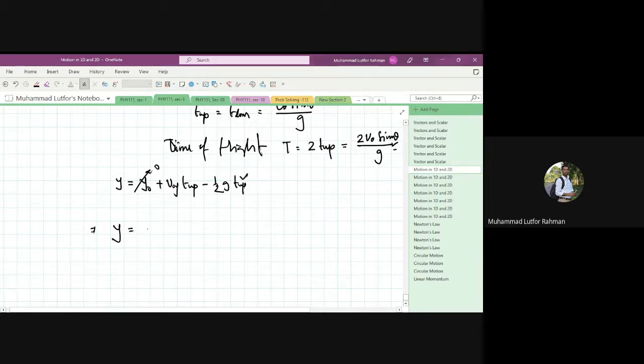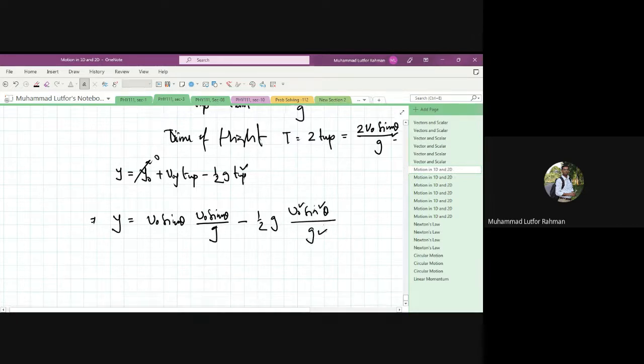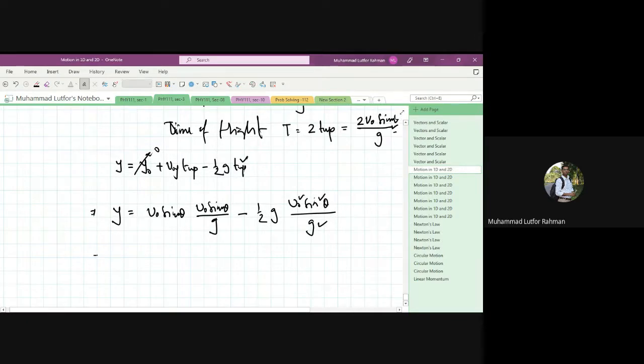So then v naught y, actually v naught sine theta, t up, actually v naught sine theta divided by g, minus half of g into t up square, which is v naught sine square theta divided by g square, right? So that means y would be v naught square sine square theta divided by g, minus, over here this g will be cancelled out, half v naught square sine square theta divided by g.